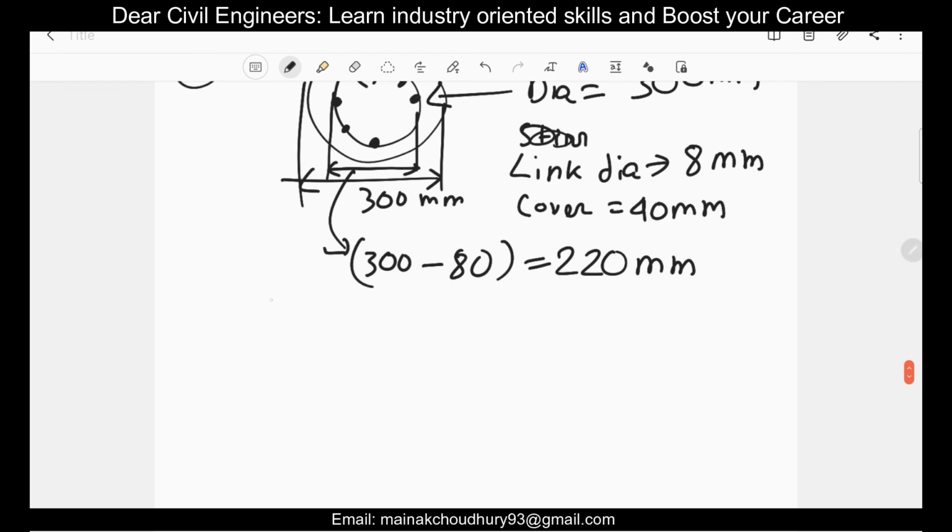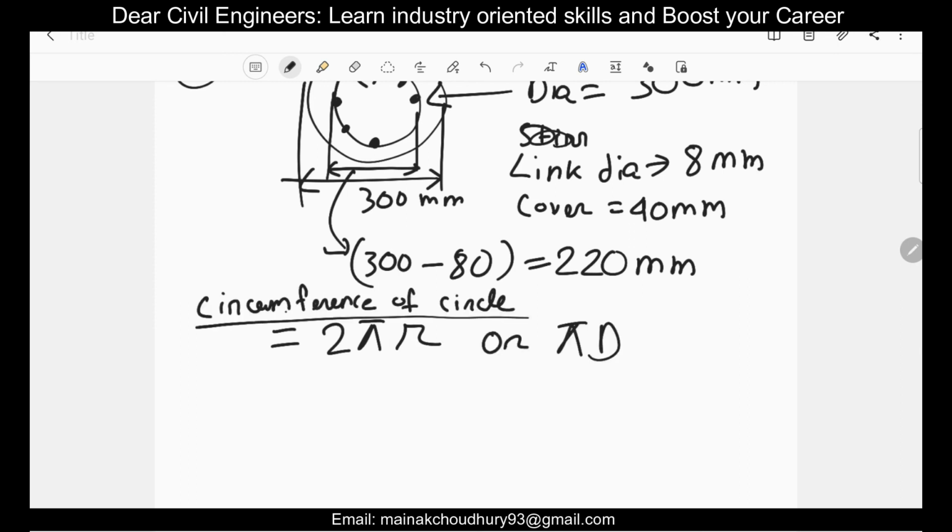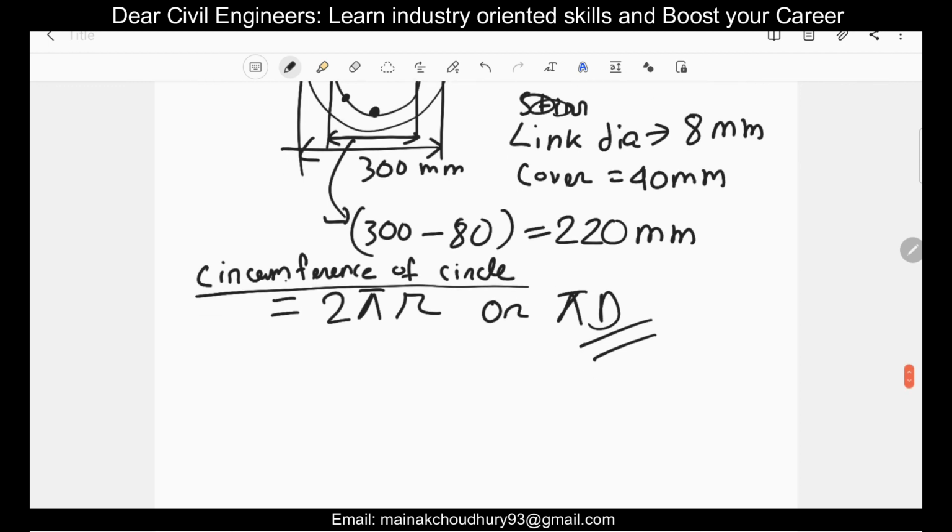So now if you calculate the link length, you can use the simple formula of circumference of a circle. It will be equal to 2 pi r, or also it can be pi d, since 2r equals d.